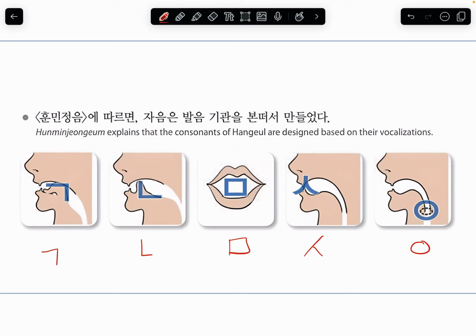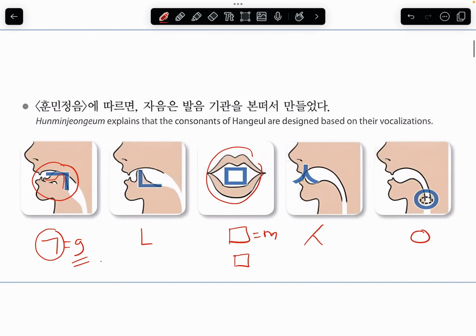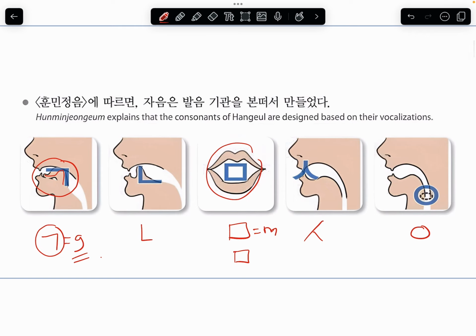For example, when we say G, the English alphabet G, they think our tongue will be in this shape, so this should sound as G. They create the shape based on the movement of the tongue and the shape of the mouth. This M, they consider when we open the mouth it becomes an M sound, ma, so they decided to put the shape as a square. But this is just extra information. You don't have to memorize.